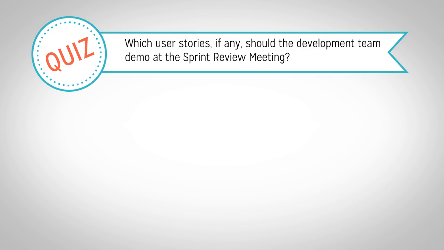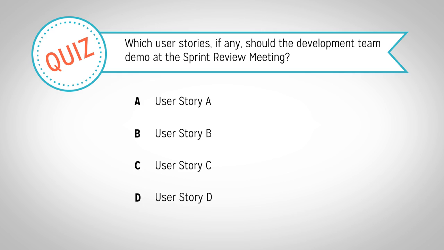User story D is pretty far from being complete, but the developers could hard-code it to make it look like it works for the demo. Which user stories, if any, should the development team demo at the sprint review meeting? A, user story A, B, user story B, C, user story C, and or D, user story D.